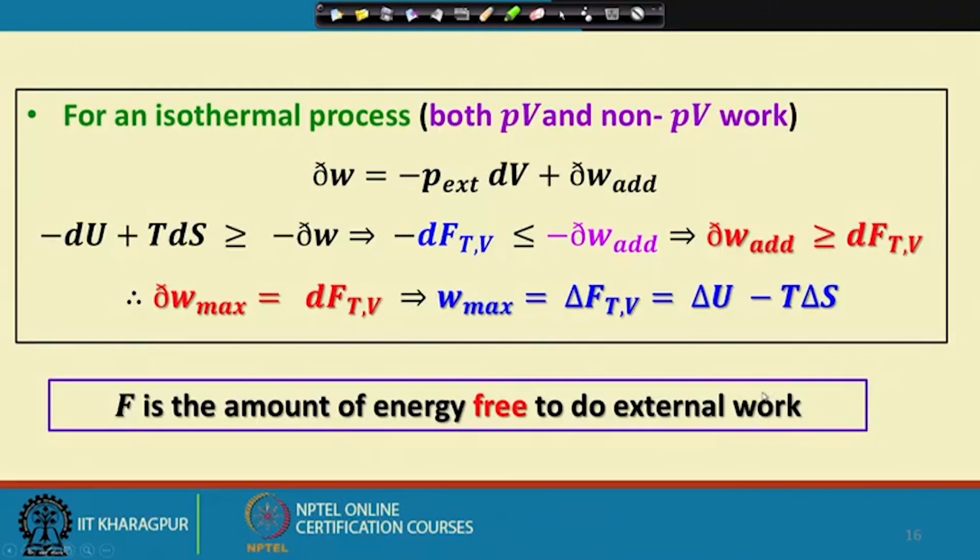And therefore, we would like to say that F is the amount of energy free to do external work under the condition where a constant temperature is being maintained between the system and the surroundings.